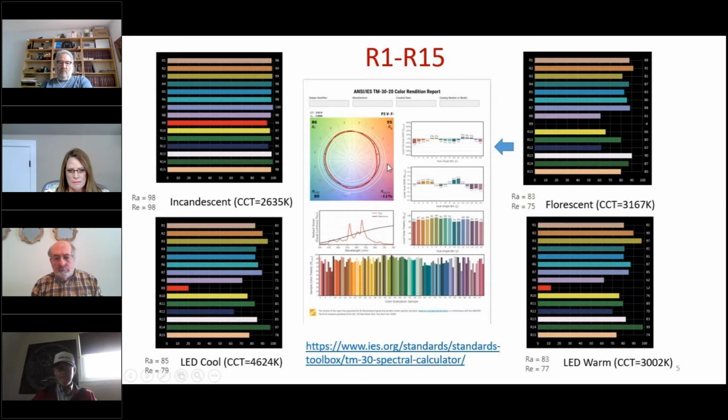So I've plotted the same report for the fluorescent with the TM30, and you can see that for TM30 they have 99 colors instead of 15 colors. So although the values of red are smaller, they're not negative. They're about 60, 70, whereas if you go to green, it could be about 90. The calculation method of TM30 has already taken care of this issue, so it would not allow the CRI value to go negative.